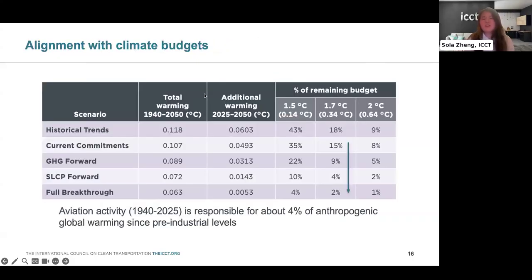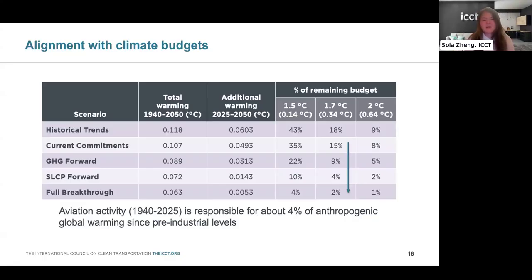And here is the table reiterating the alignment of different scenarios to the climate budgets. So in the 1.7 degree Celsius scenario, as I said, we go from quadrupling to doubling to a halving of aviation's share of the global budget.